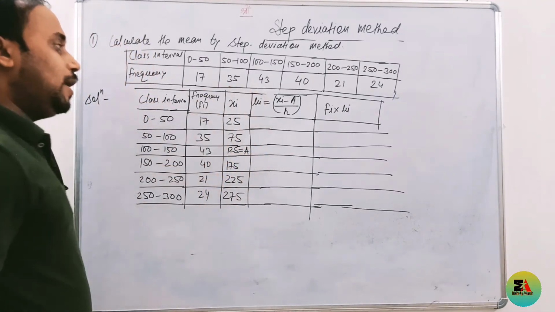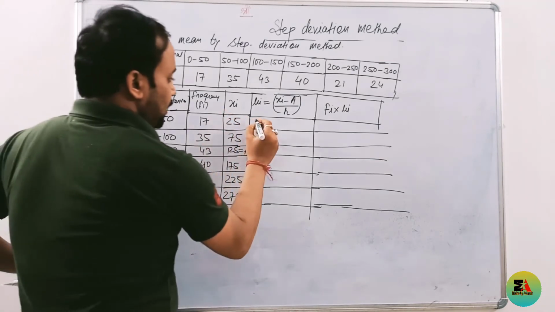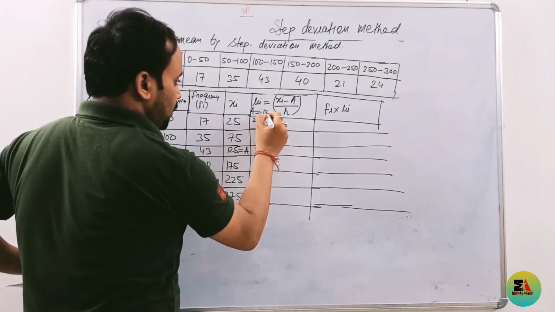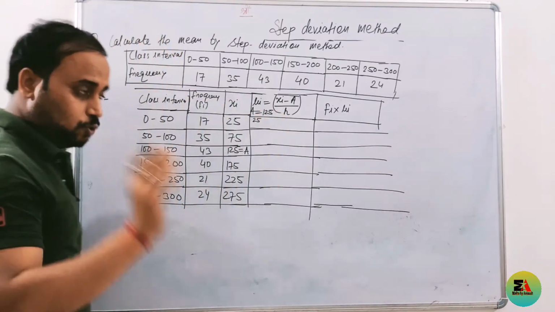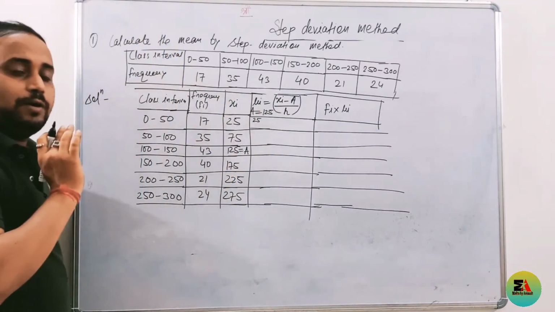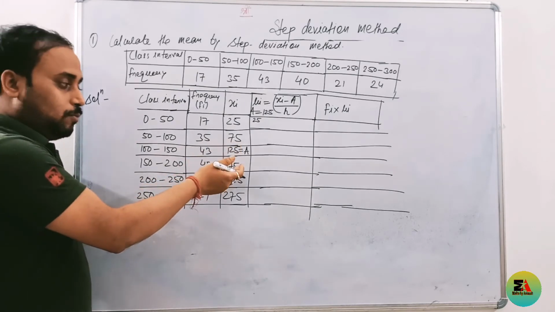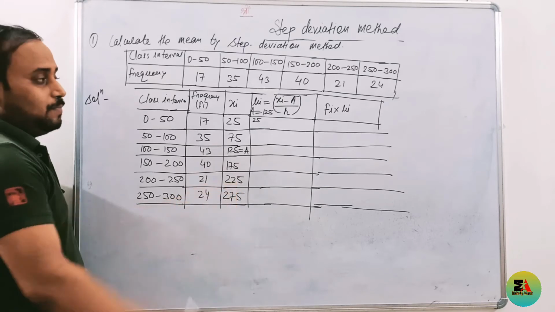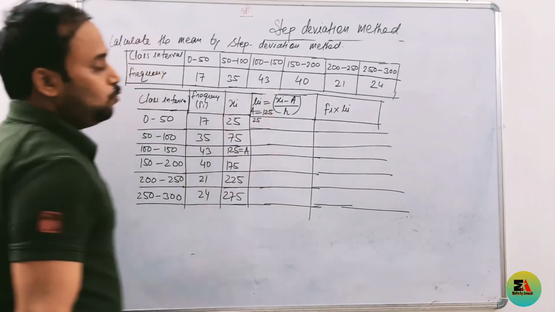So how do we find ui? Mention it here: A is equal to 125. You could also take 175 or 225. Clear?